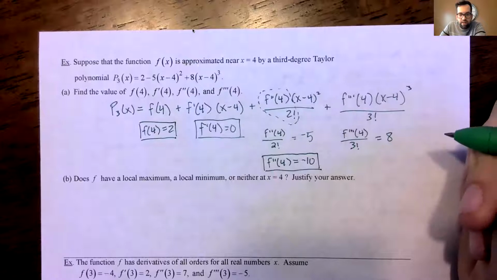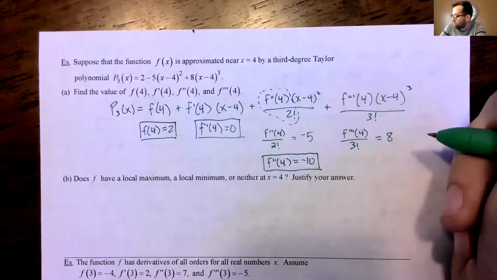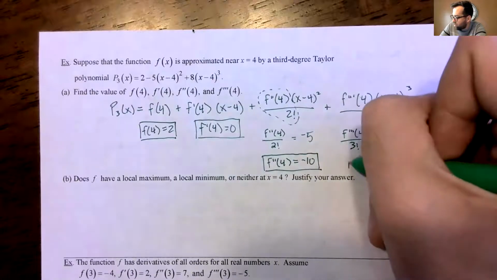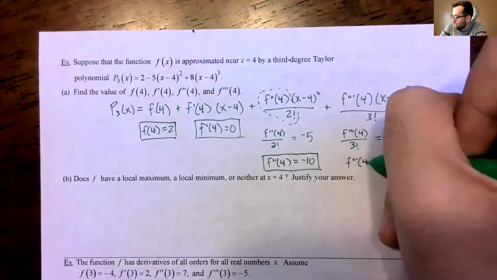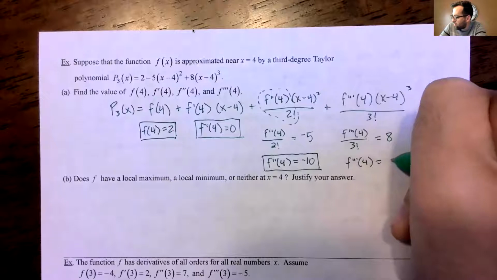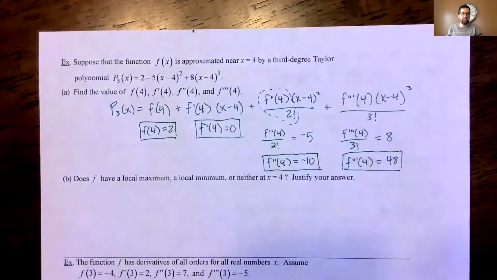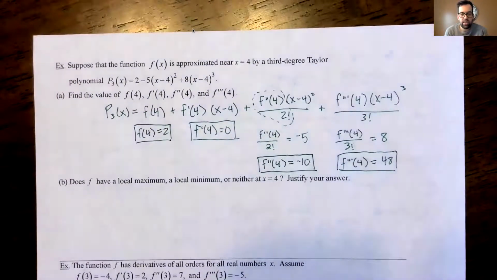And so if I multiply 3 factorial, or 6, to the right side, I'm going to end up with the third derivative at 4 must be 8 times 6, or 48. Okay, so that's kind of working backwards a little bit. Just another creative way that Taylor polynomials can be used to solve problems.